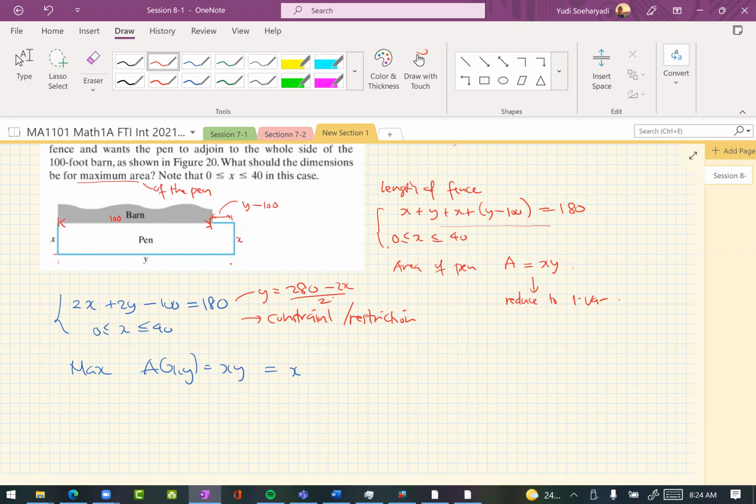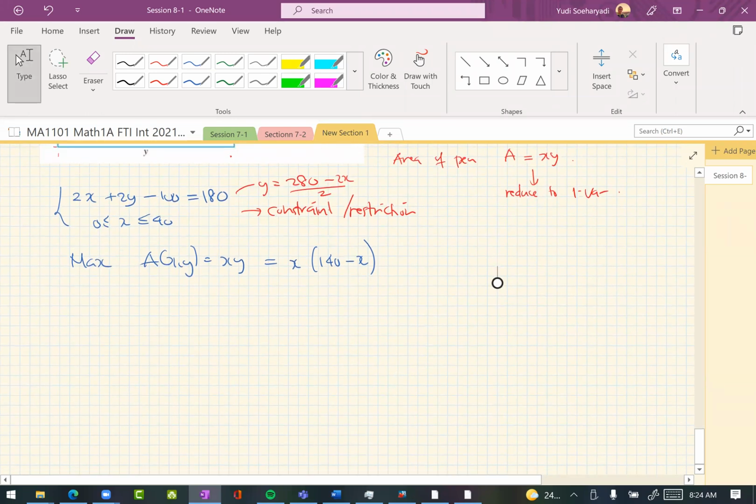Okay, so we have here, okay, so that's easy. This is what we call the objective function.